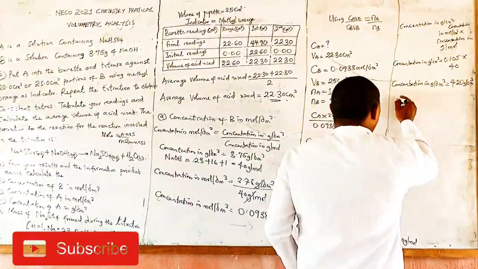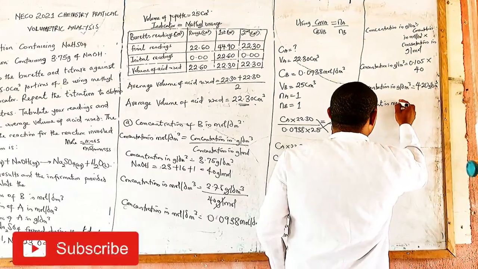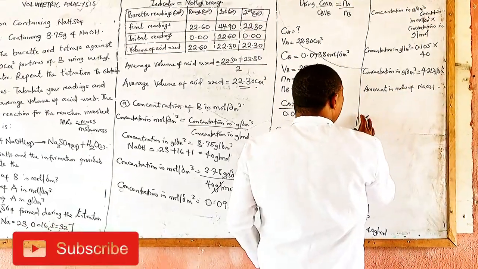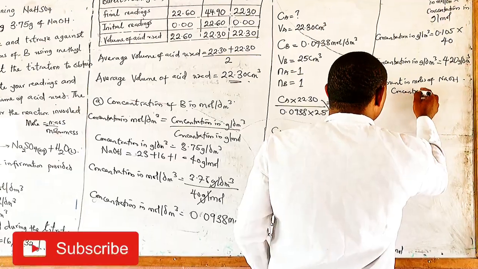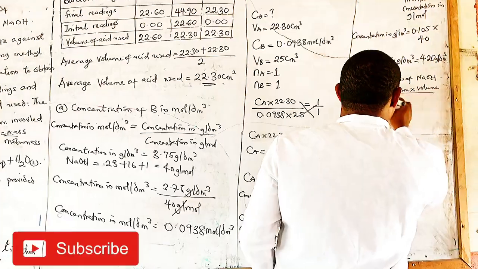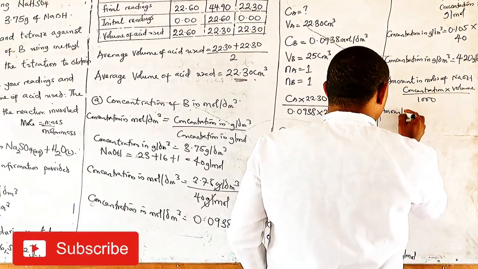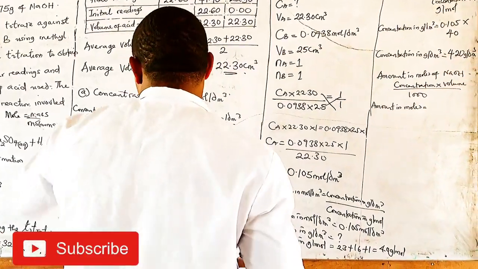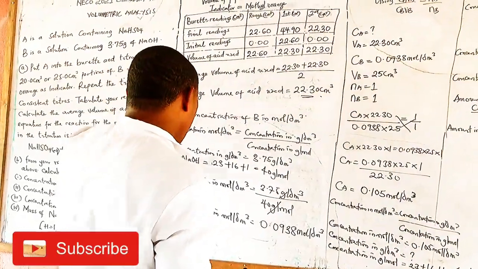But I can calculate the amount in moles of this, then to get this. So I can say the amount in moles of sodium hydroxide. I can calculate that. So the amount in moles of sodium hydroxide is concentration times volume over 1000. What is the concentration of sodium hydroxide? Which is the B. That's Cb.